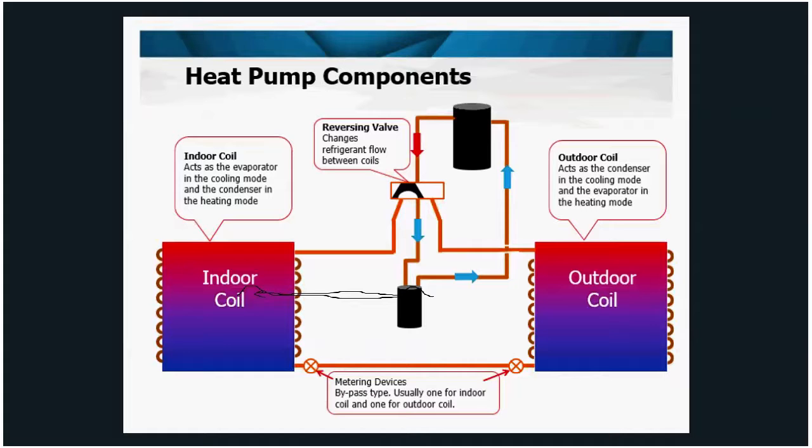The other component we have is the accumulator. Now, the accumulator's sole purpose in life is to prevent liquid refrigerant from traveling back to the compressor. An accumulator is really nothing more than a steel can with a U-shaped tube in it for the outlet, and just a dump tube for the inlet.